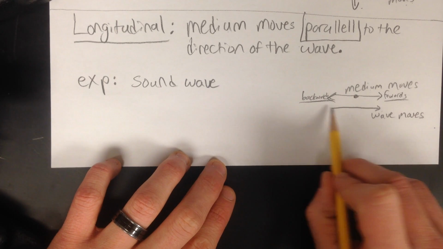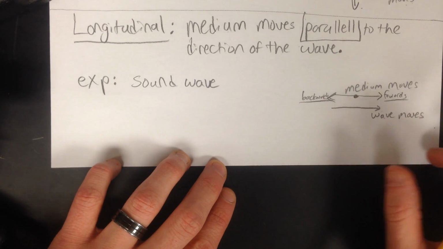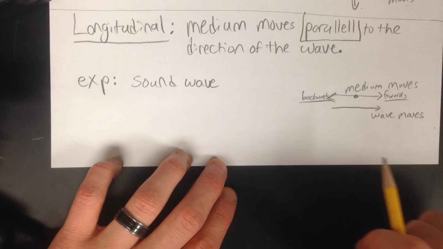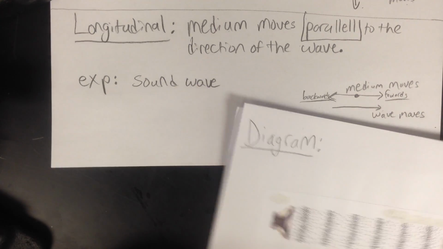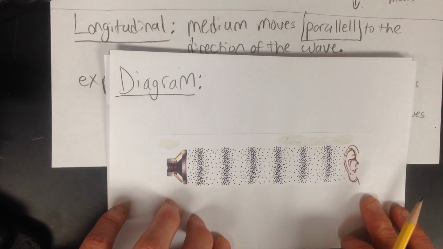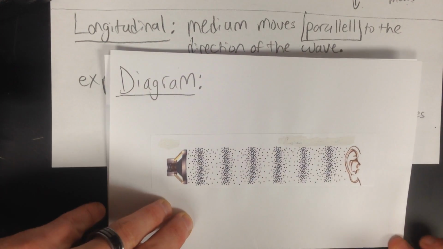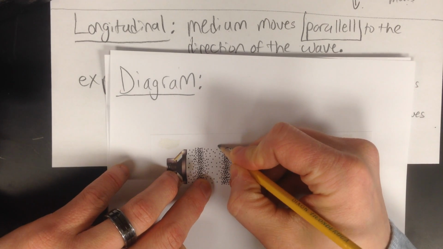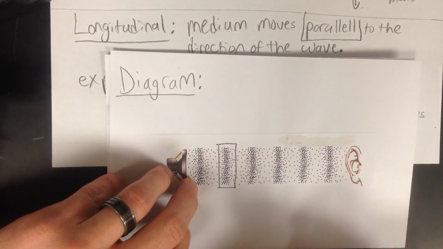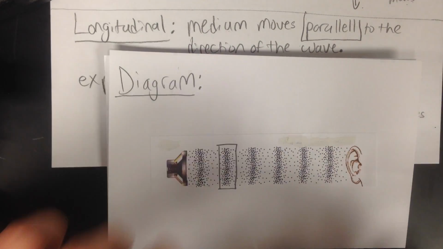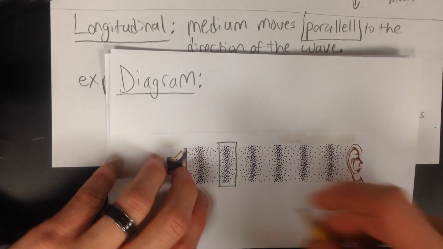So whichever way the sound wave is going, that's the way the air molecules move. We saw this in another video: as those molecules move forwards and backwards, they compress and they stretch, like a slinky.